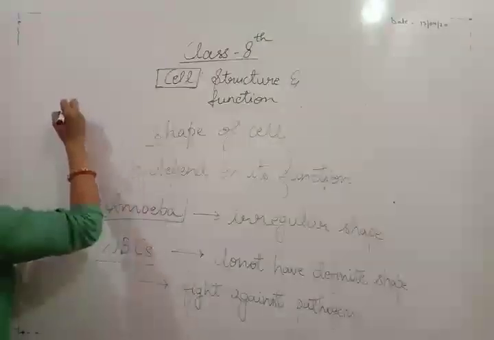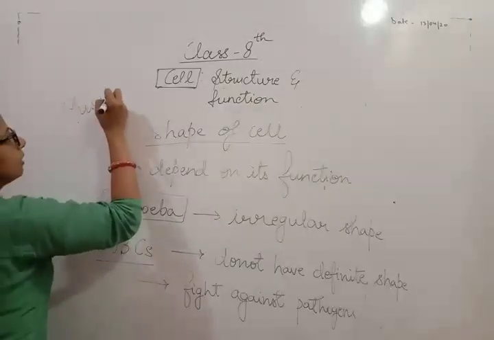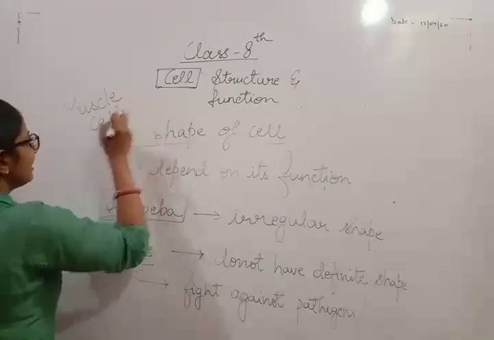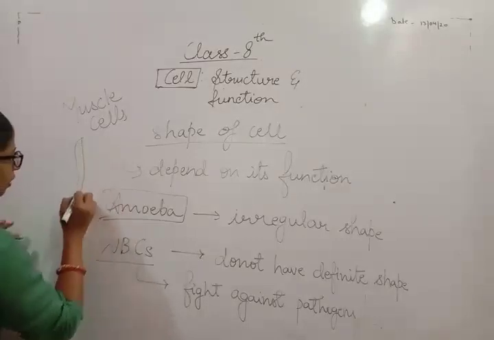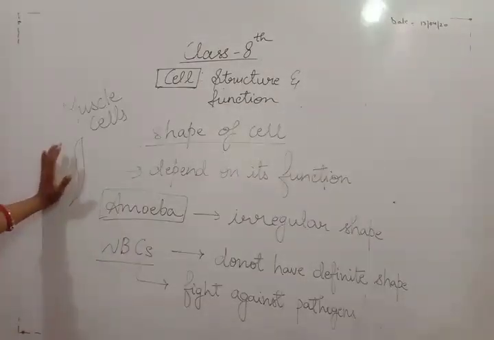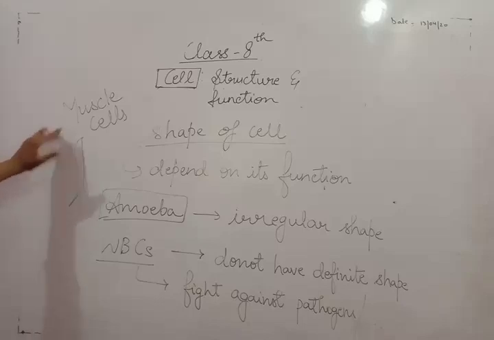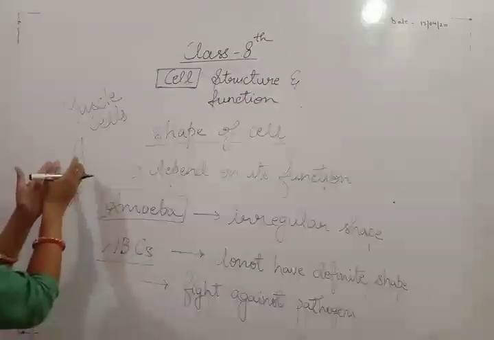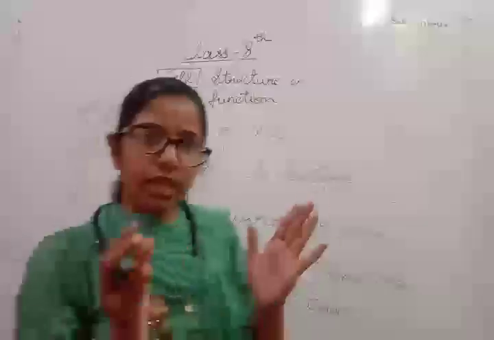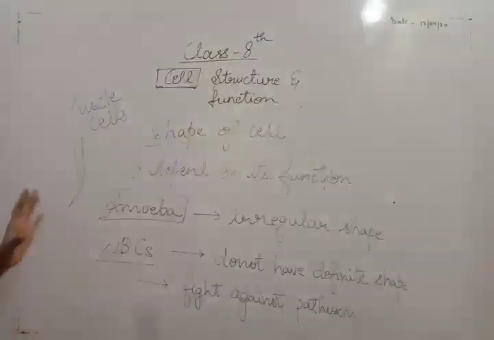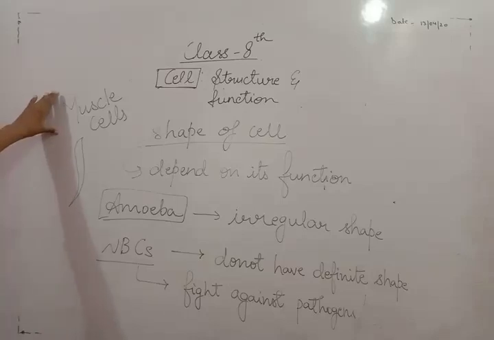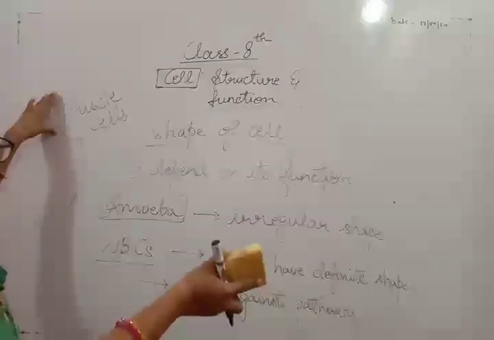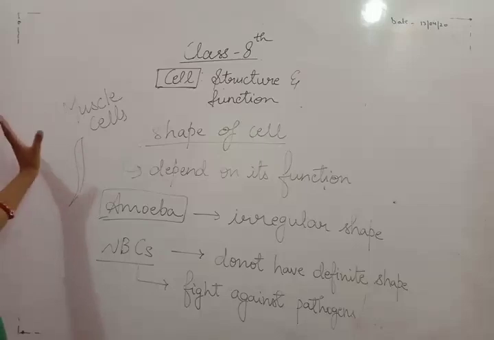Similarly, muscle cells have spindle shape. This shape helps in performing the function of movement. This shape helps them in contraction and relaxation. The function of muscle cell is basically contraction and relaxation of muscle, right?